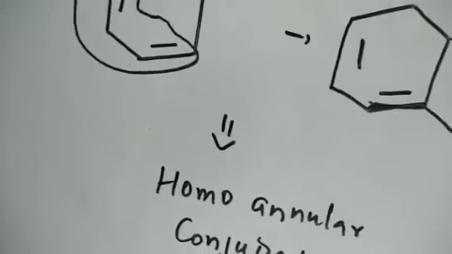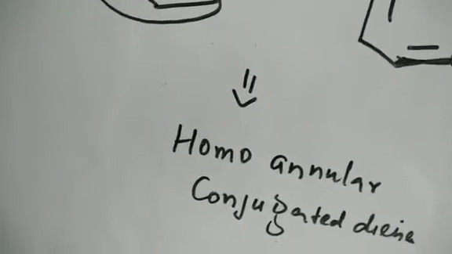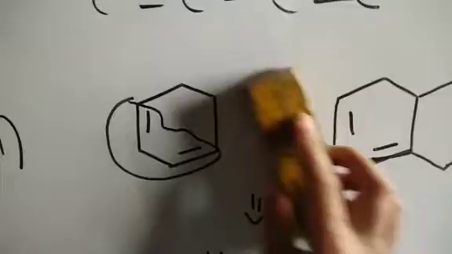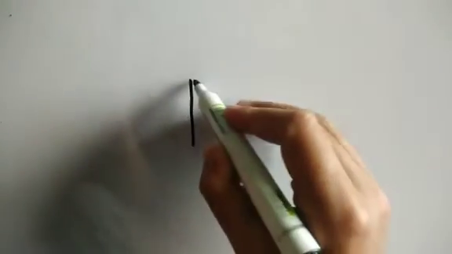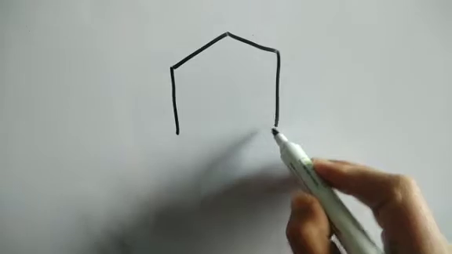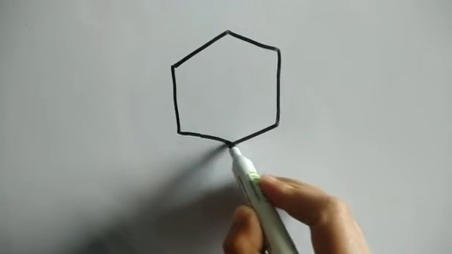Now there's some more terminology involved before we shift to the calculation part. So this is the homoannular and heteroannular diene. Now let me make a ring here again. एक ring मैं बना लेता हूँ यहाँ पे. ठीक.